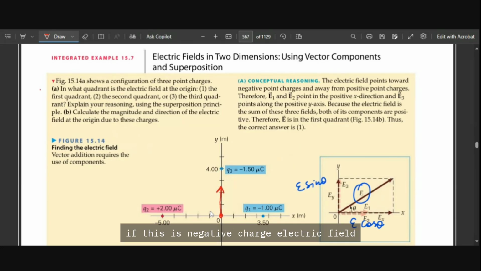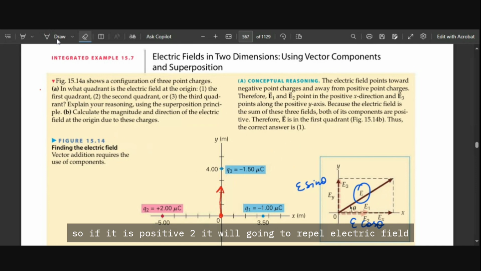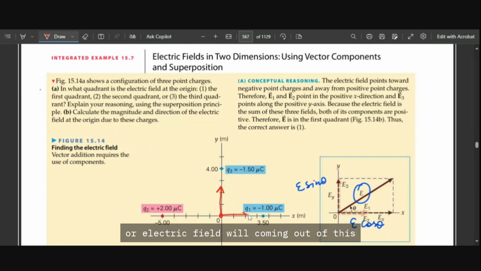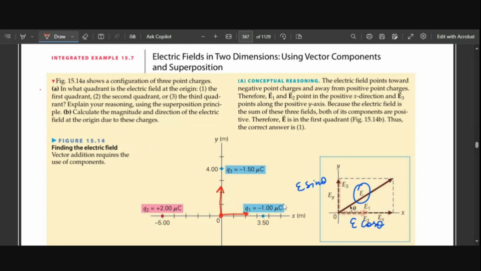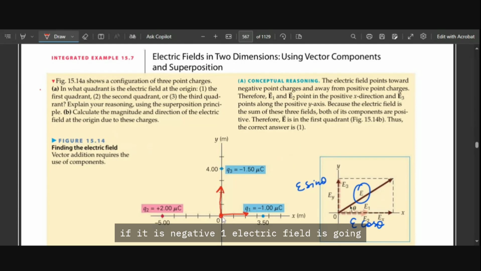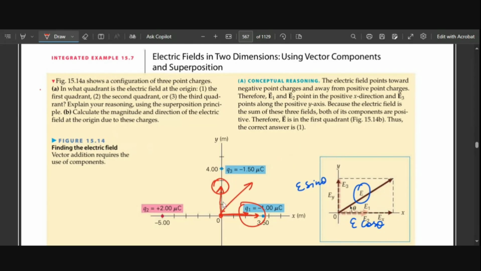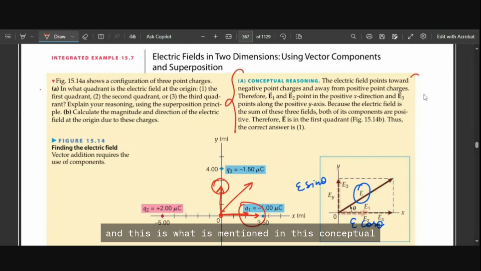Again, for the negative 5 charge, the electric field exists in this direction towards it. It was positive 2, so it repels, or the electric field comes out of this positive 2 microcoulomb charge. If it is negative 1, the electric field is going to exist in this particular direction. So the net of these three electric fields must lie in the first quadrant. And this is what is mentioned in this conceptual reasoning.